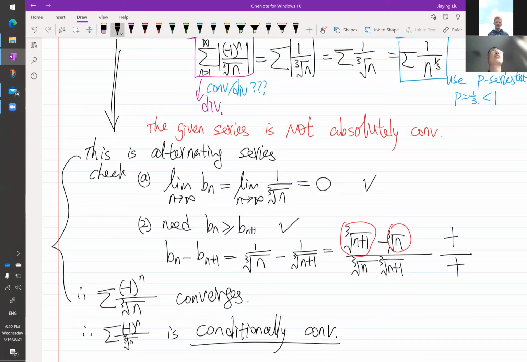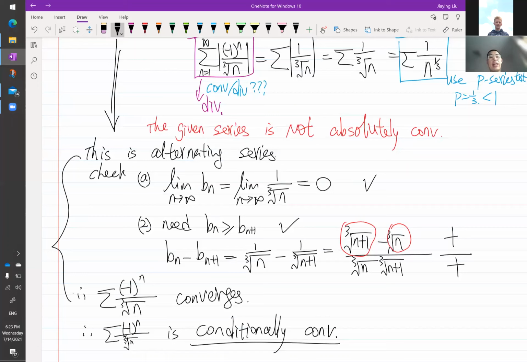So Chris asked a question: do you know another way to find bn greater or equal to bn plus 1? This is the way that I feel most comfortable with, and the way that I'm familiar with. There might be another way, but I would say don't plug in numbers directly, because for some cases it works, but for some examples, when you plug in values, it's not going to give you the correct comparison between two elements.